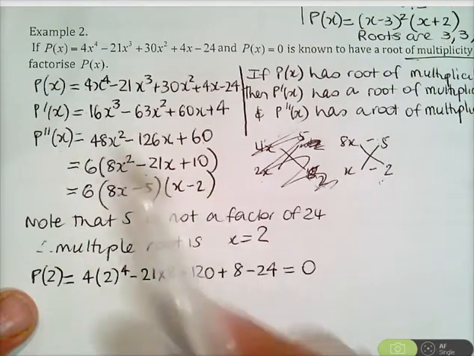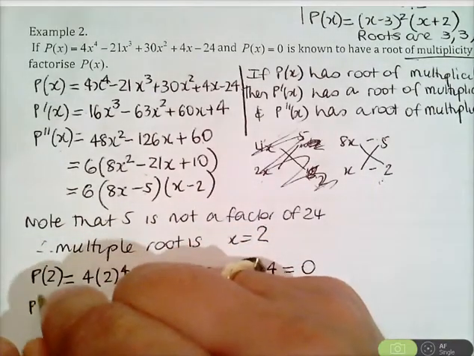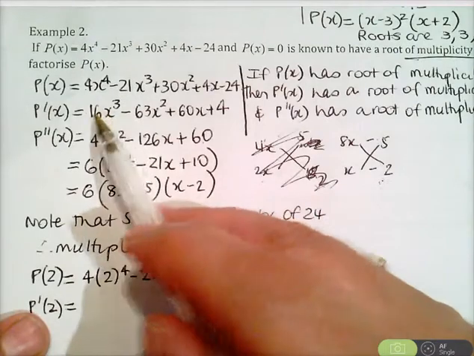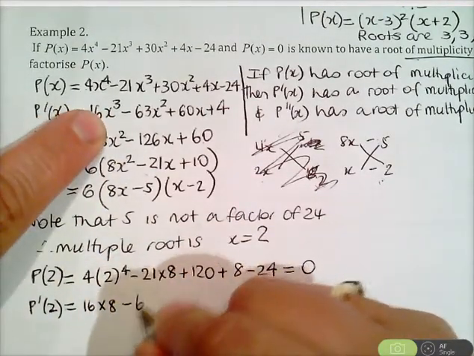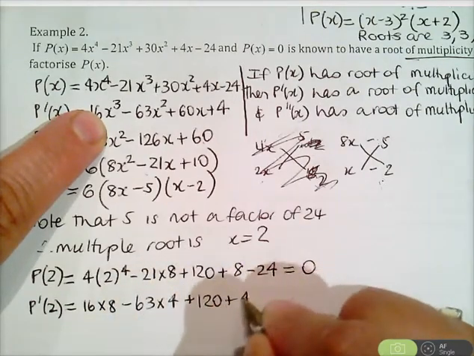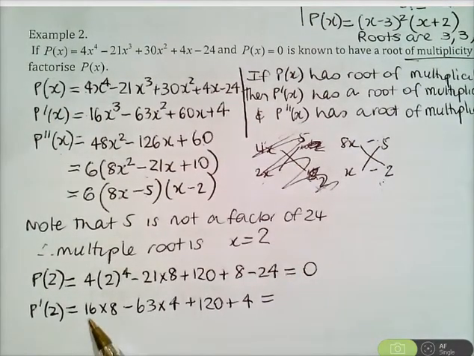for the second derivative. It's also a solution for the original function, and we should find that p of 2 will give us 0 as well. So p of 2, that's 16 times 8 minus 63 times 4 plus 60 times 2 is 120 plus 4, and if this is calculated as well, I think this is 128 minus 232 plus 124 there, and that gives us 0 as well.